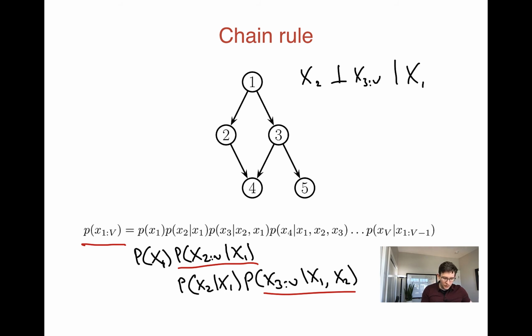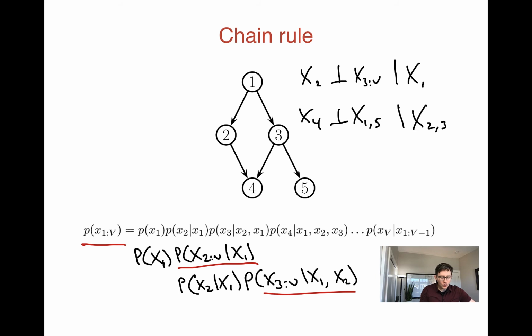As another example, x4 given x2 and x3, its parents, is independent of everything else, x1 and x5. These are called conditional independence properties, and they are asserted by our Bayesian network.